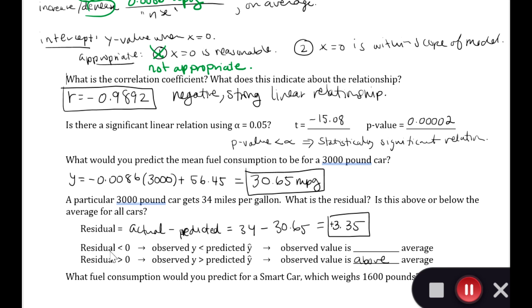Okay. If your residual had been negative, that would have meant that your observed value was less than your predicted value. You could use observed here instead of actual. That would be fine too. It's probably more appropriate. Okay, observed minus predicted. So if your residual is negative, your observed value is going to be below average.